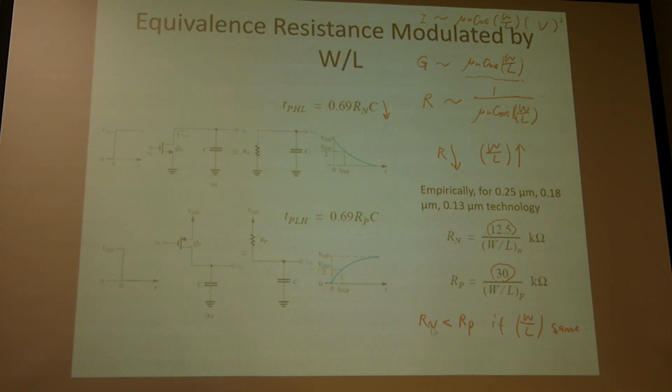With the same W over L, the NMOS current is larger, or the conductance is larger, so the resistance is smaller. So this is why NMOS is faster than the PMOS if you have the same W over L.